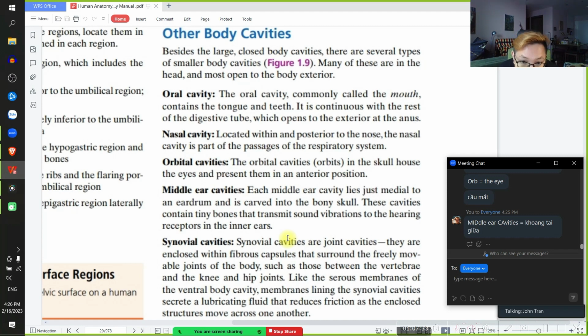An internal bone that transmits sound vibration to the hearing receptors in the inner ears. Thì mỗi một cái khoang tai giữa, so two ears, we have two middle ear cavities. Mỗi một cái khoang tai giữa này nó chỉ gọi là medial to the eardrum.